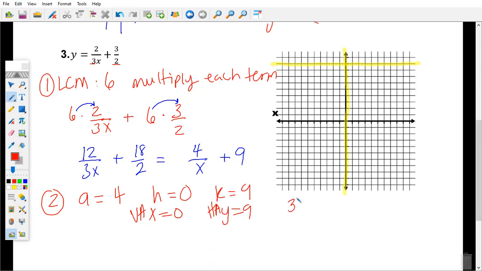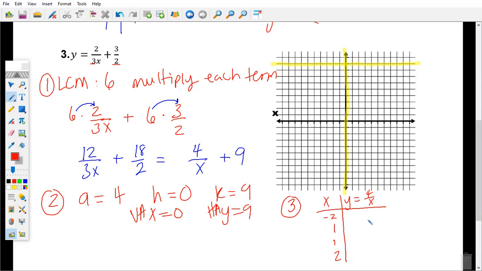So step 3 is your table. And your table is based off of your y equals a over x, so 4 over x. Is it okay if I just do 2 and 1? So I'm just going to do -2, -1, +1, and +2.